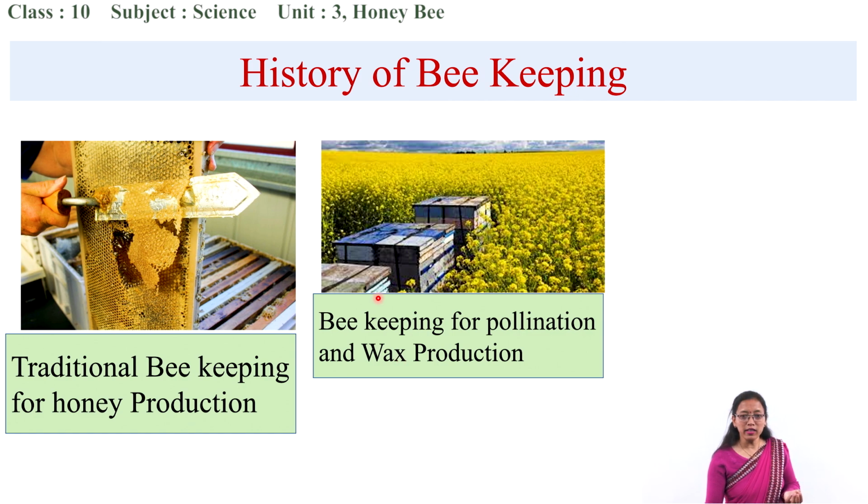See, here we can see these modern hives are kept nearby the field where mustard is grown and it is flowering. If many honeybees are grown in this area, they can pollinate the mustard plants, so the production of mustard seeds will be high. That means it yields a greater amount of mustard seeds, which is beneficial for the farmer.